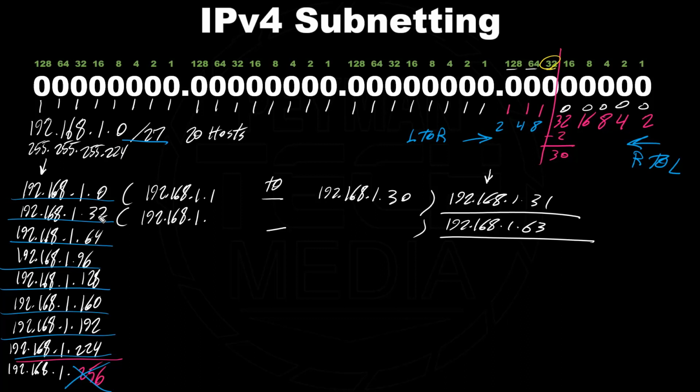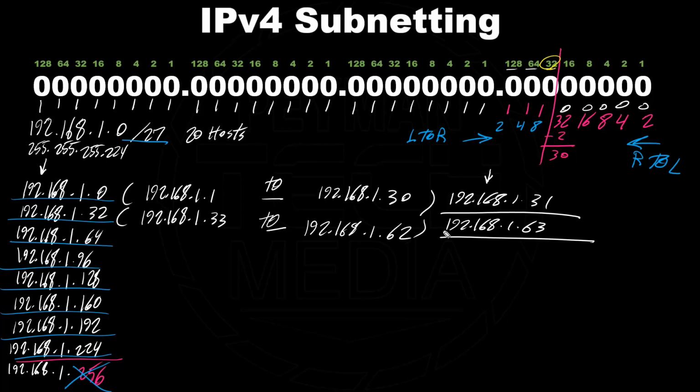And the range of available IP addresses in that subnet is: 192.168.1.32, that's the network. The next available, 33. So here we can see in this subnet, 192.168.1.32, the first available IP address is 192.168.1.33, and it goes to one less than the broadcast, 62.